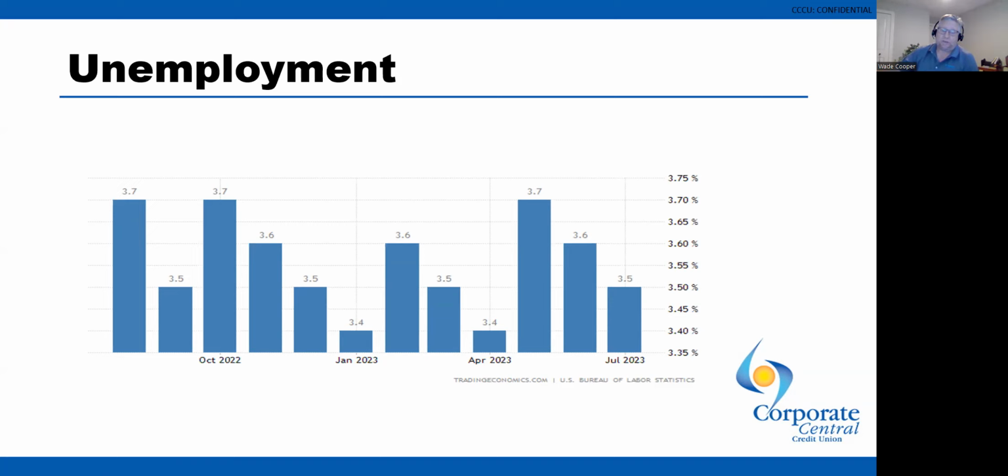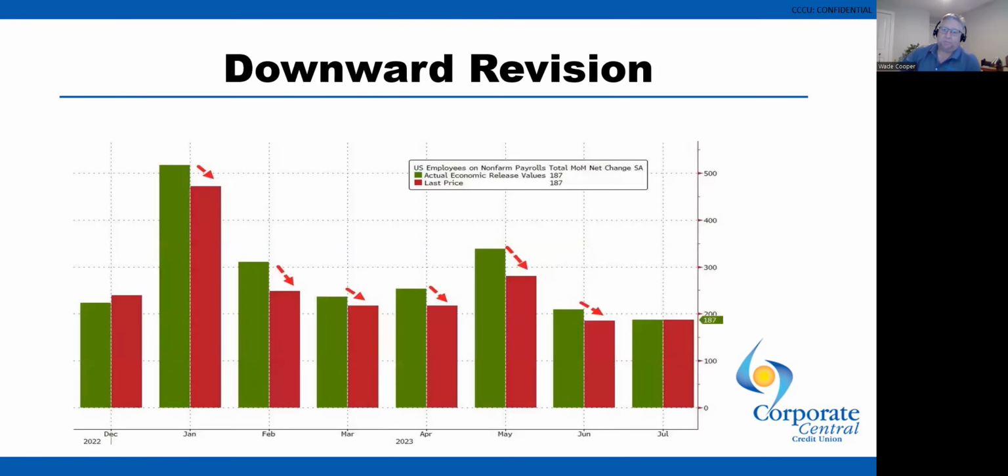Now, in my research for this presentation, I did find an interesting slide, and this is employment numbers, not unemployment, but employment numbers. You can see U.S. employees on non-farm payrolls.